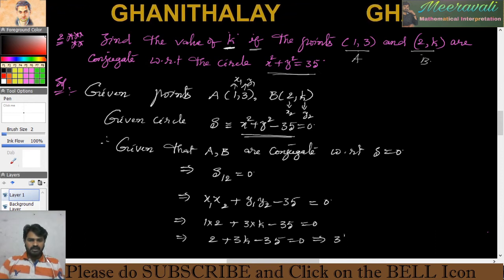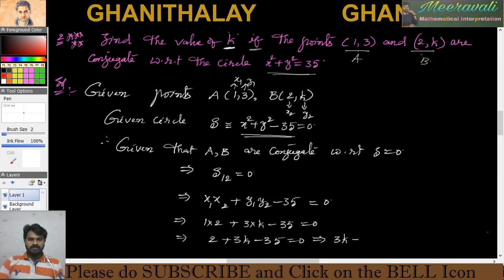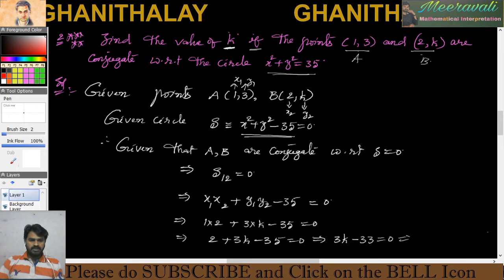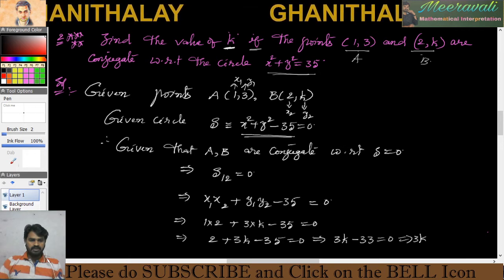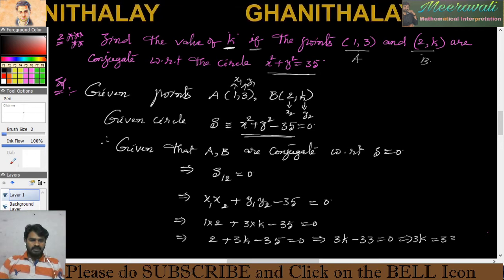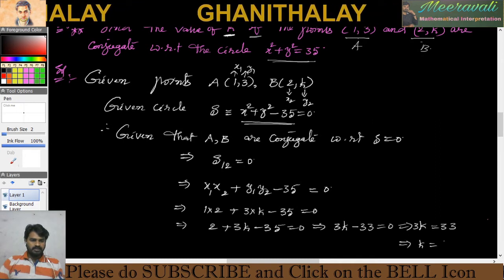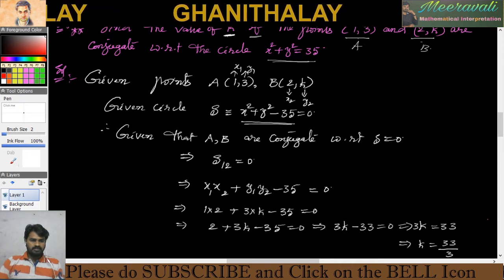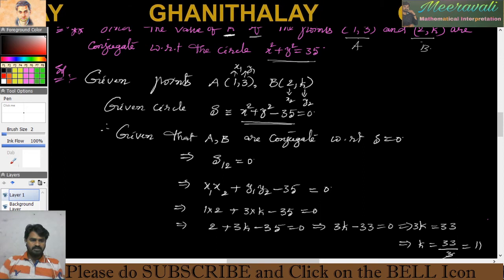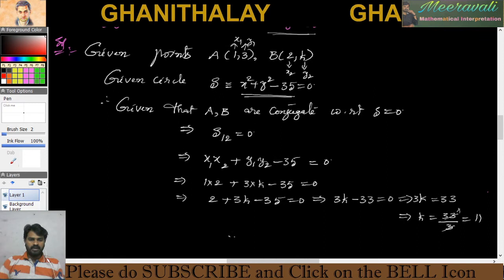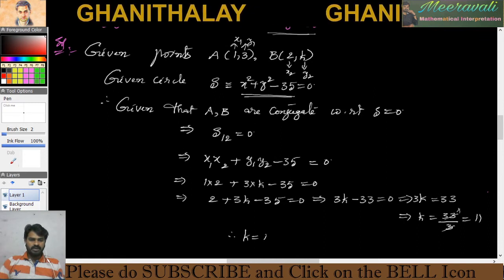Finally 3k minus 35 plus 2, 33 is equal to 0. 3k is equal to 33. Now k is equal to how much? 33 by 3, which is equal to 11. 3 ones are 3, 3 11s are 33. Okay. So therefore the value of k is equal to 11.